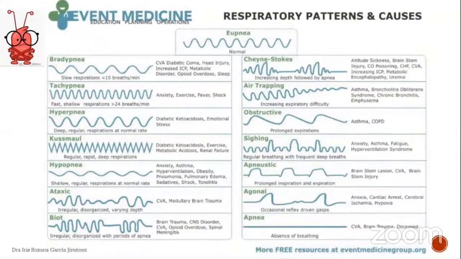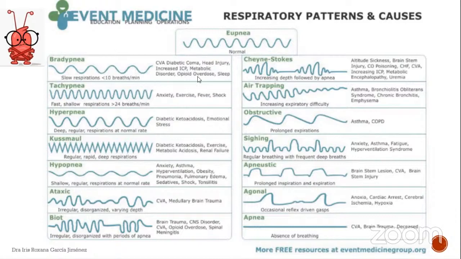Going to the respiratory patterns and causes, we have the ones we use during the career to understand how the breathing is at the moment. We have bradypnea, tachypnea, hyperpnea, Kussmaul, hypopnea, ataxic, Biot, Cheyne-Stokes, air trapping, obstructive, sighing, apneustic, agonal, and apnea.